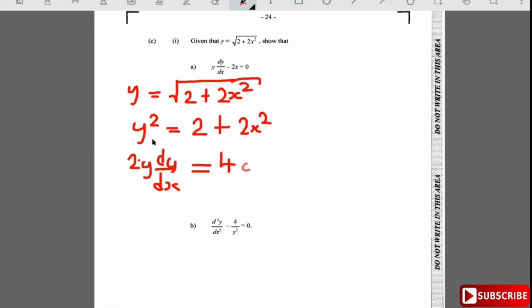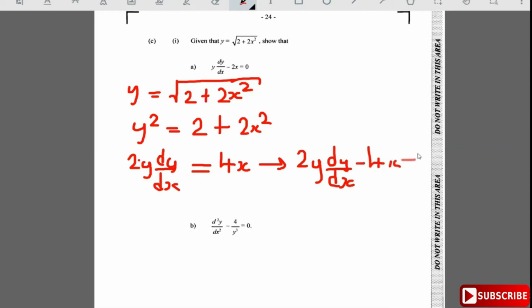That's implicit differentiation, all right? So all you have to do now is bring over the 4x, and you get 2y dy by dx minus 4x is equal to 0.